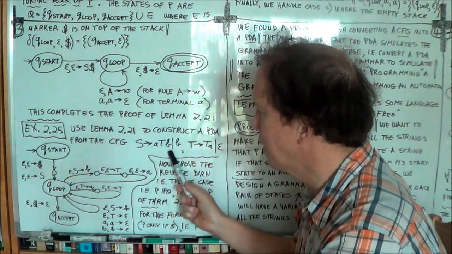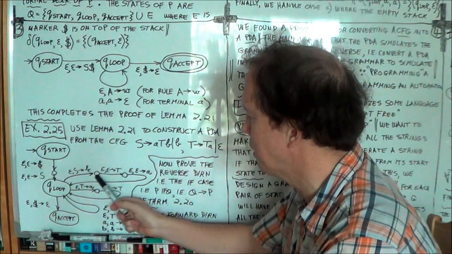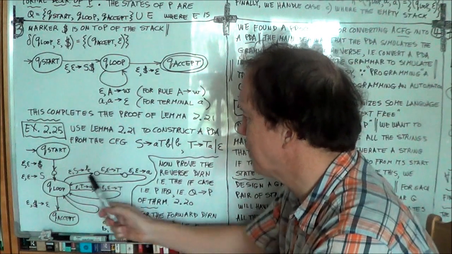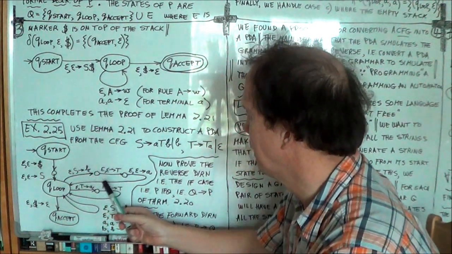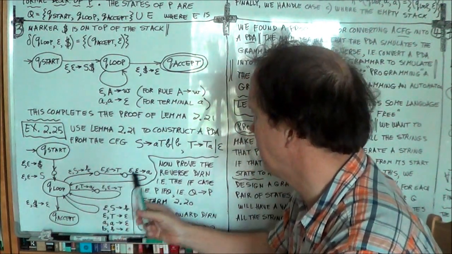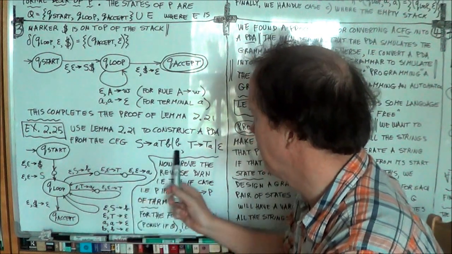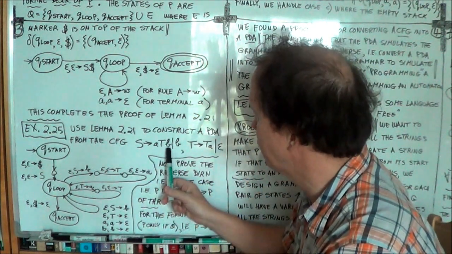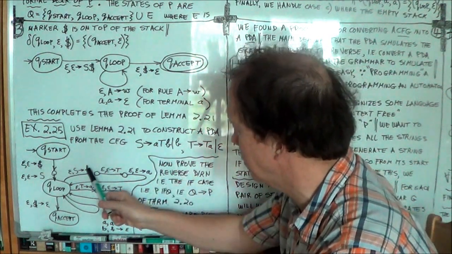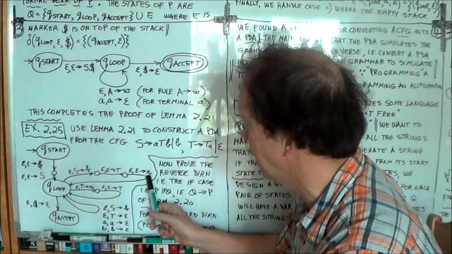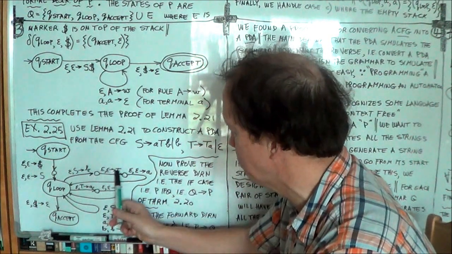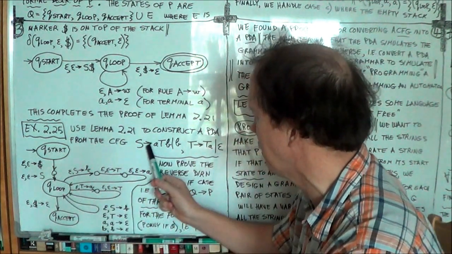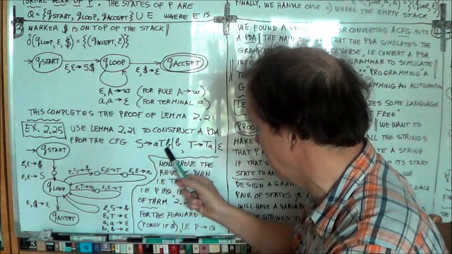Now that's a whole string, so we'll need two intermediate supplementary states. So we get ATB. Now we do it in reverse, remember? So we'll push first B, T, A. So push, push, push, and then take us back to Q loop. So that's S arrow ATB.